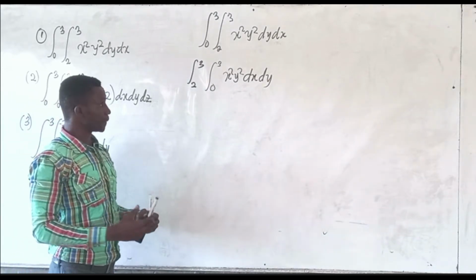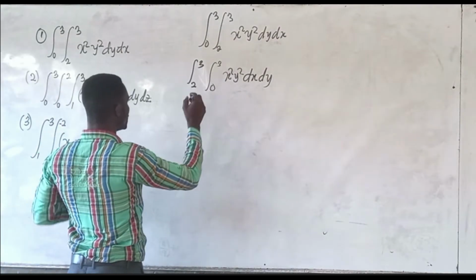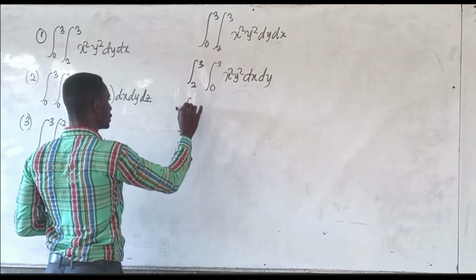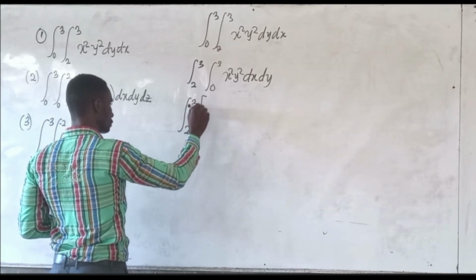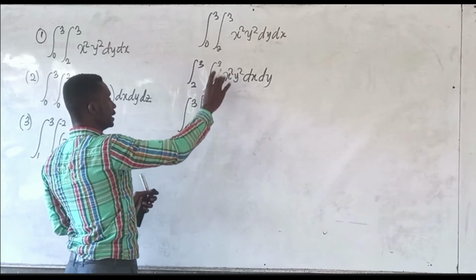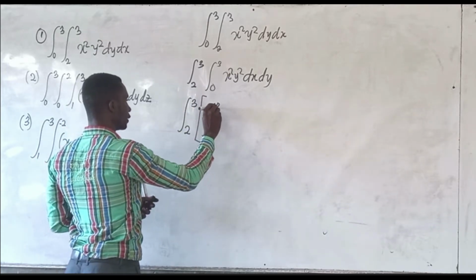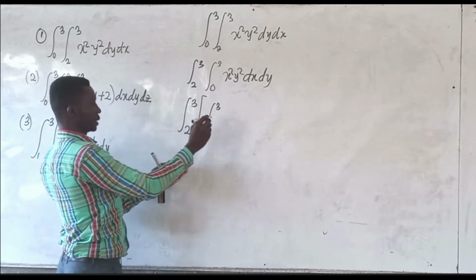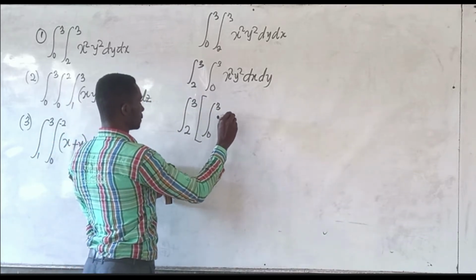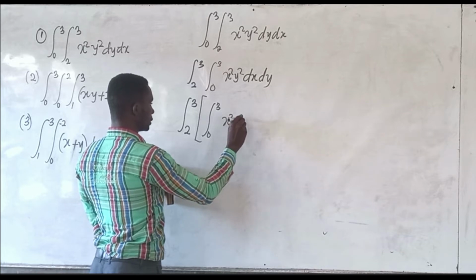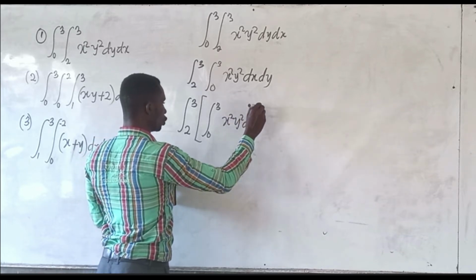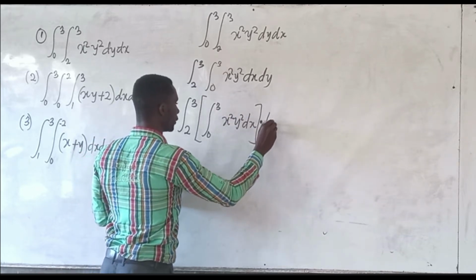It's a choice. Now, if I'm integrating this, it will be the integral from 2 to 3, with the integral from 0 to 3 inside. This one is outside: x squared y squared dx will be inside, then dy will be outside.